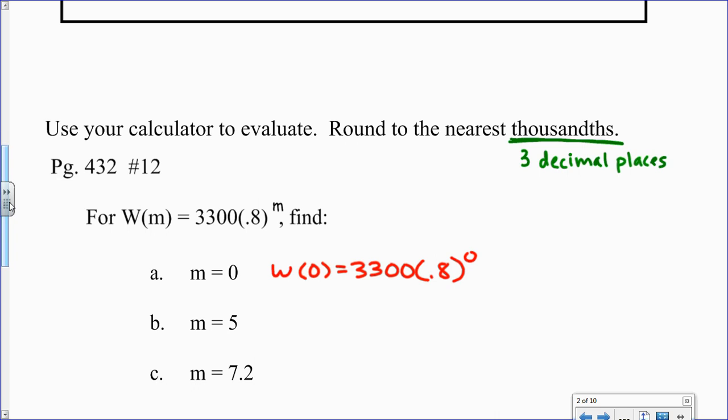So you would type in the base, like 0.8, hit your little X to the Y button, type in the 0, hit equals, and then multiply by 330. So this one does give you an exact answer, so you don't need to round it. You should get still 3,300.